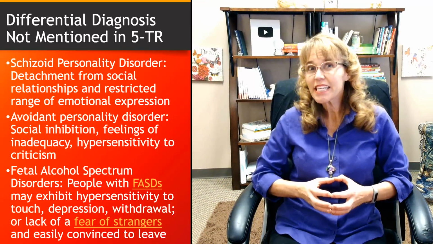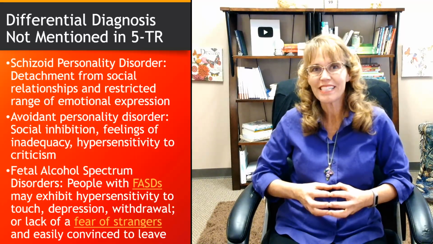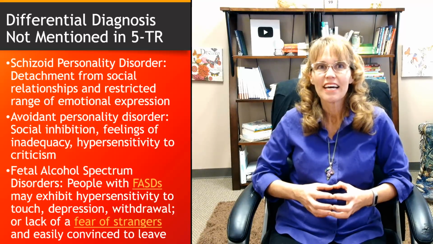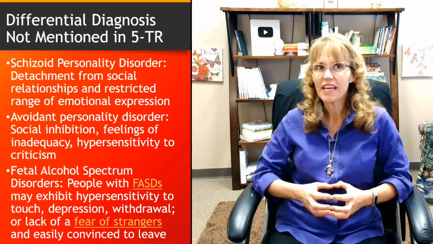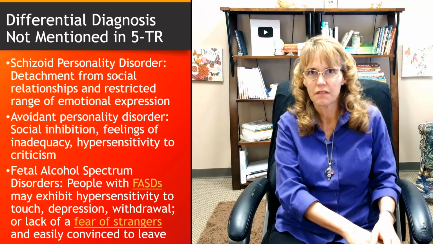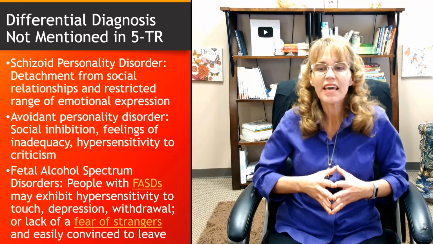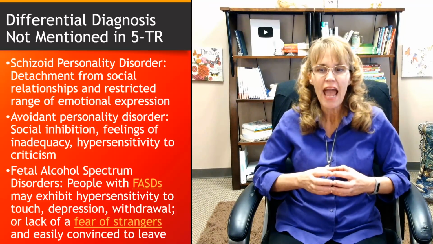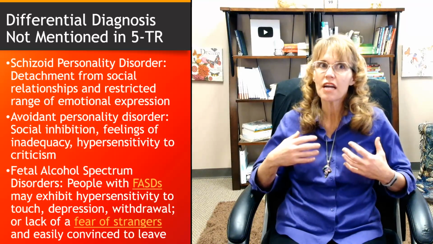Now, FASDs can also masquerade, if you will, or be misdiagnosed as disinhibited social engagement disorder. People with FASDs, especially further along on the spectrum, may have a lack of a fear of strangers, and they may be easily convinced to leave places. They are gullible.